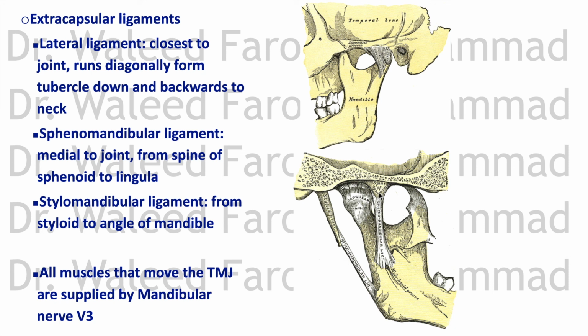This is the spine of the sphenoid, and the lingula of the mandible that guards the mandibular foramen attaches the sphenomandibular ligament. The sphenomandibular ligament is a ligament for the TM joint.